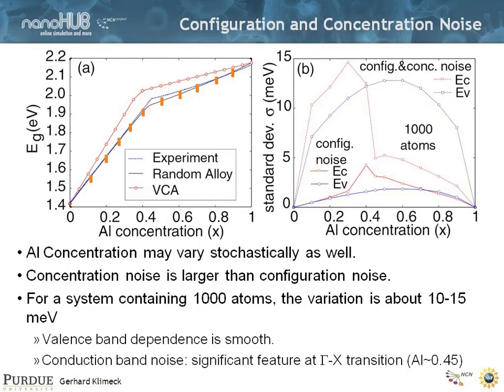So at this crossover of roughly 0.4, the fluctuations die down. So the interaction between the bands is what's important, and different bands are differently sensitive to fluctuations. The points at X appear to depend less on the details of the concentrations than at gamma.